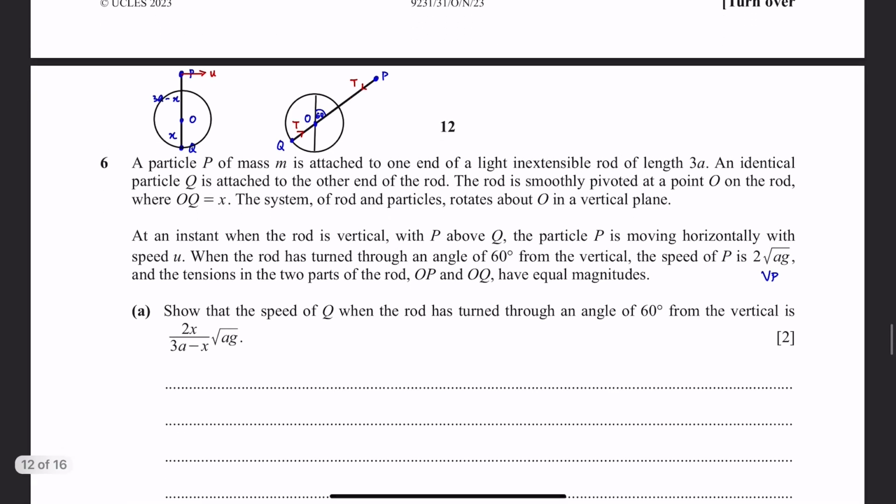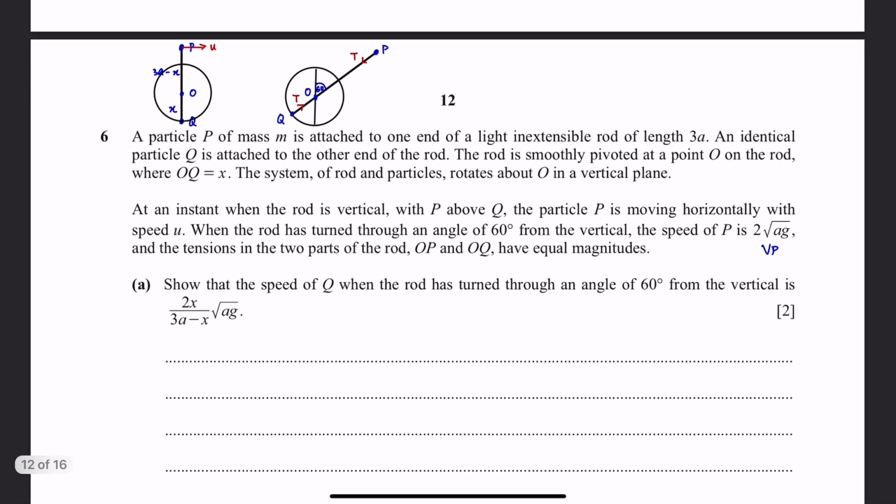Show that the speed of Q when the rod has turned through an angle of 60 degrees from the vertical is 2x over 3a minus x times root ag.